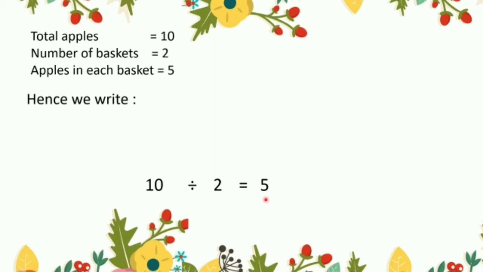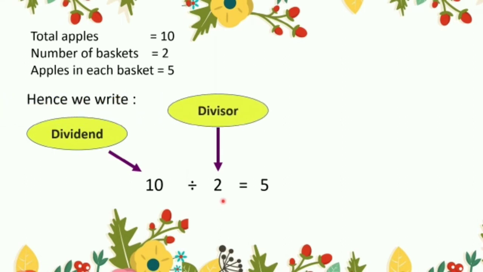And the terms we use here: the total number of things is called the dividend. The number of groups to be made is our divisor. And the things we get in each group is the quotient.